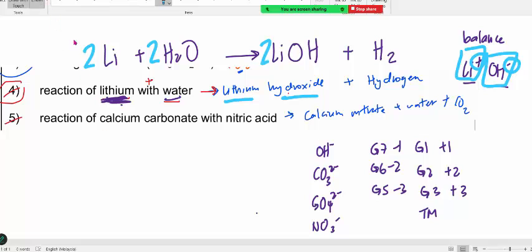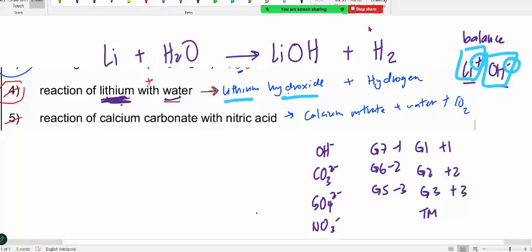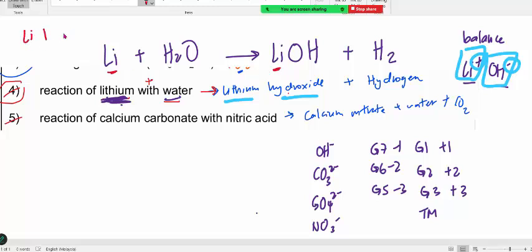Okay, I'll teach you how to do it. Which element do you balance last? Hydrogen, because it's alone. One lithium, one lithium. Lithium 1. One oxygen, one oxygen. Oxygen 1. Two hydrogen, but here hydrogen is 1, 2, 3. How do you change it?